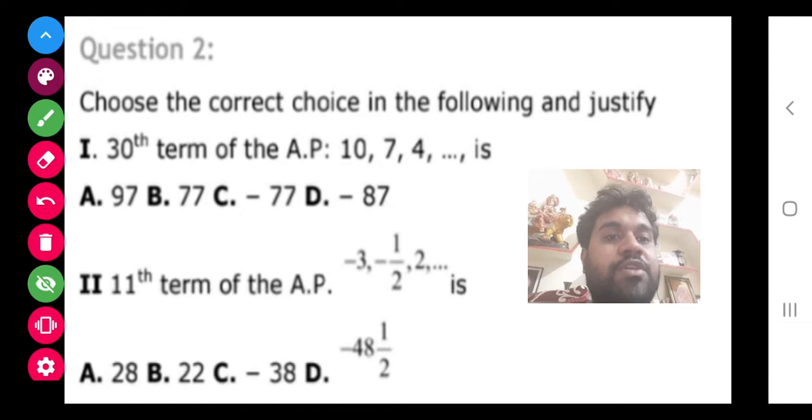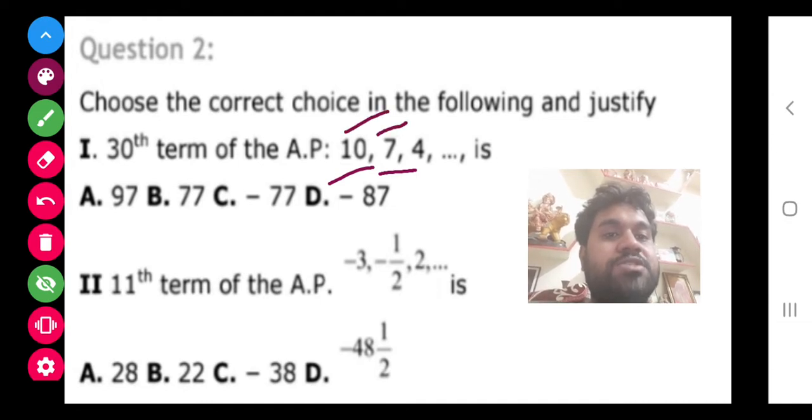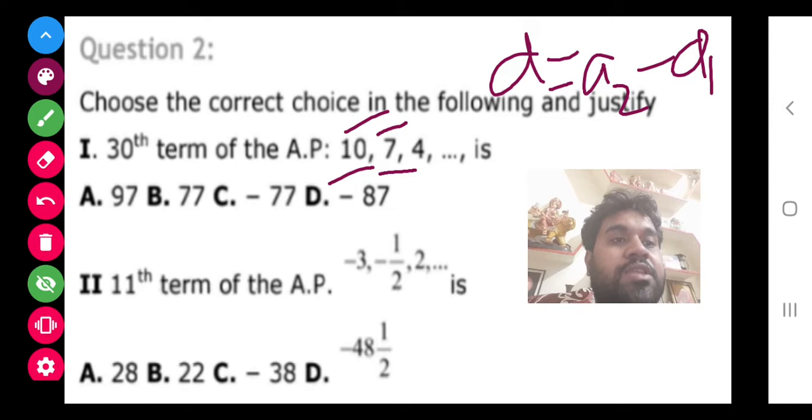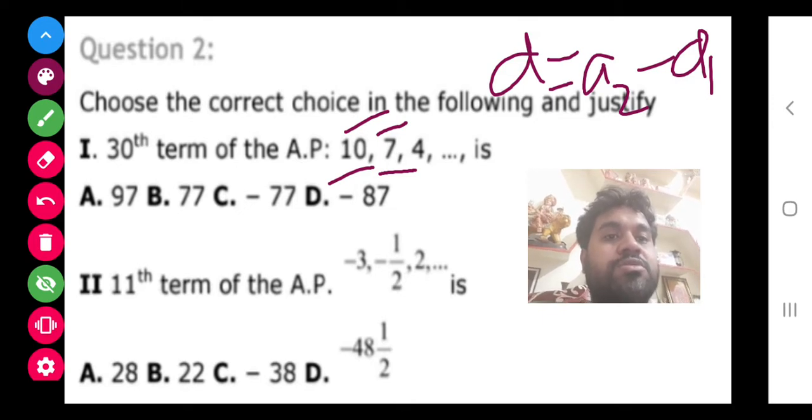So first of all we have to determine a, which is the first term only. Second, we should know the difference d. So 7 minus 10. Class, do remember 7 minus 10. The common difference d is a2 minus a1, or a3 minus a2. Any way we can use, we can do a3 minus a2 also.